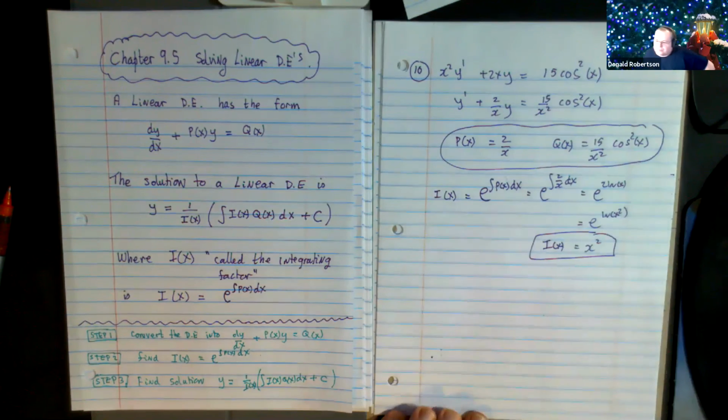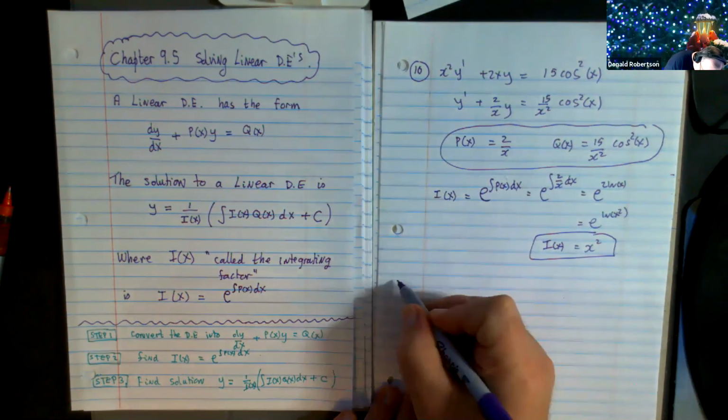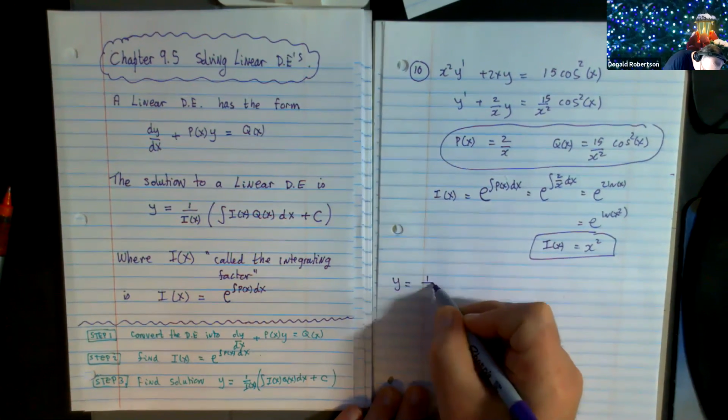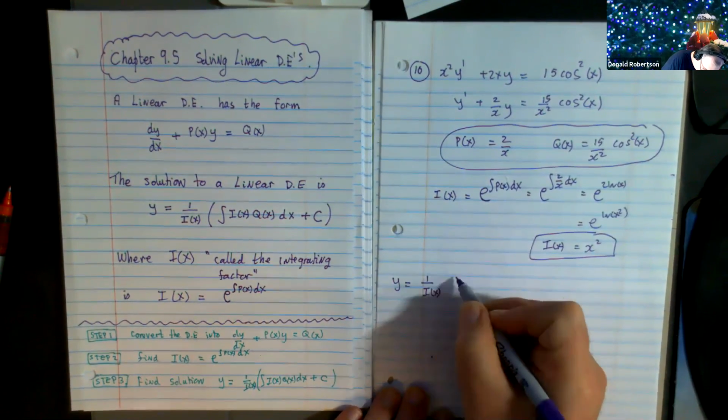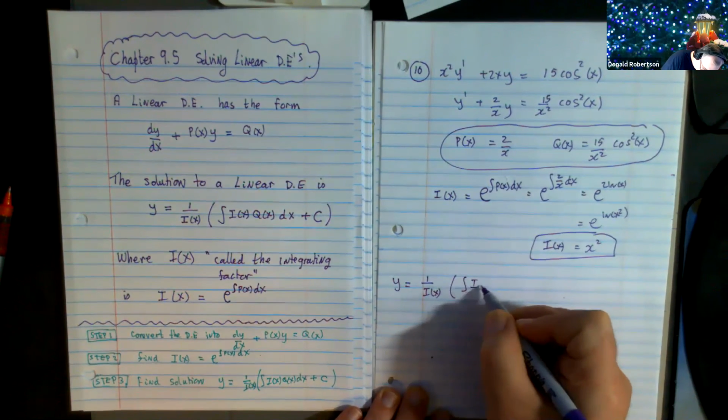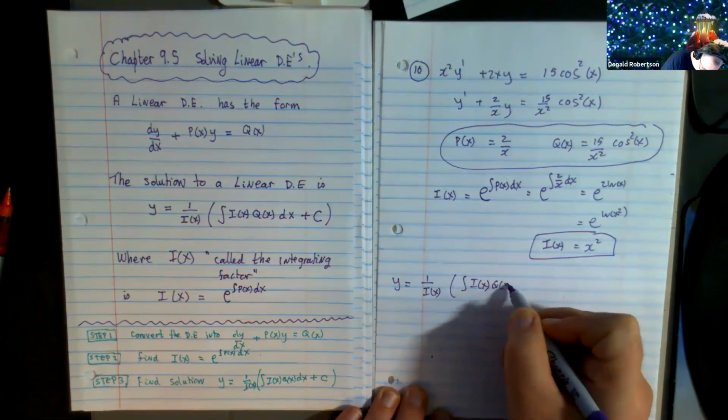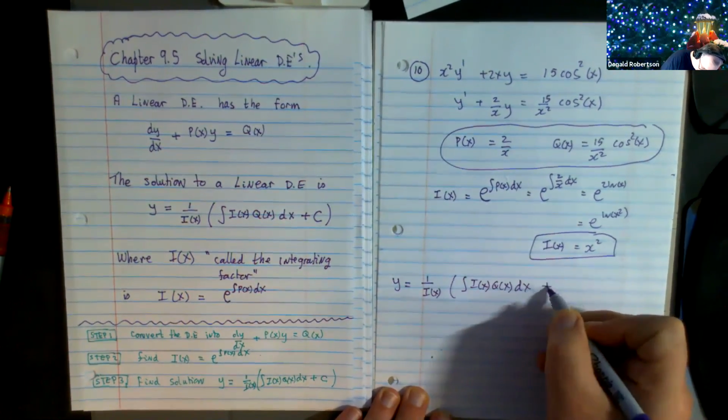Try and put boxes around it so I don't scan somewhere else. So solution: 1 over the integrating factor, the integral of I of x, Q of x, dx, add c.